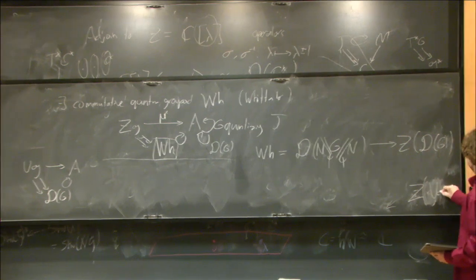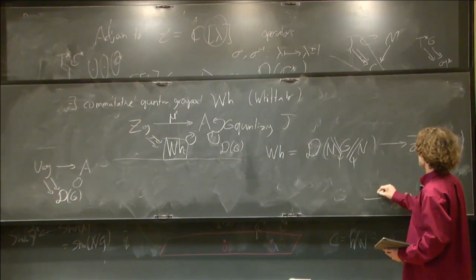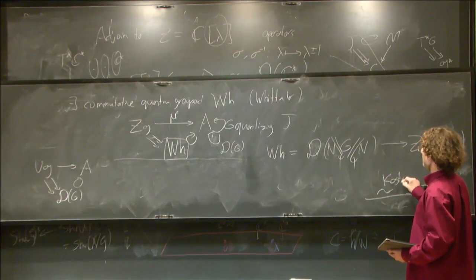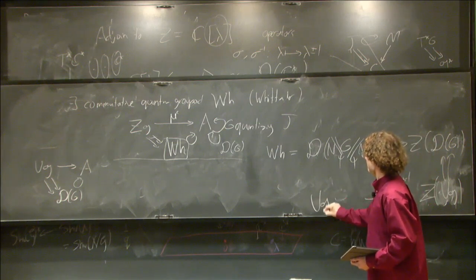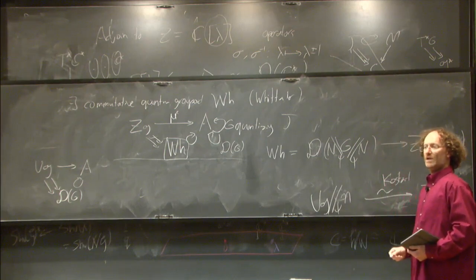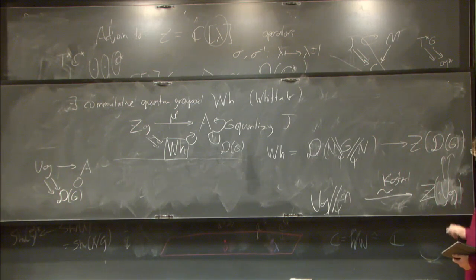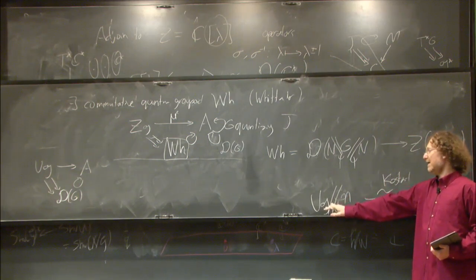So this guy lived over UG. So Kostant proved that the center of the enveloping algebra was isomorphic to the Whittaker reduction of the enveloping algebra. This is a beautiful theorem of Kostant's. You can describe the center of the enveloping algebra in terms of Whittaker as a Whittaker-Hecke algebra.